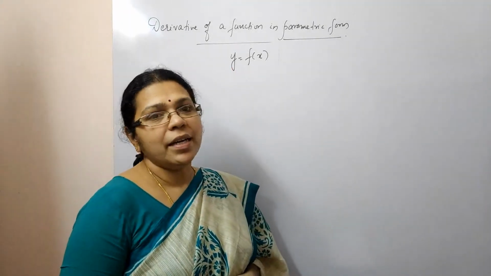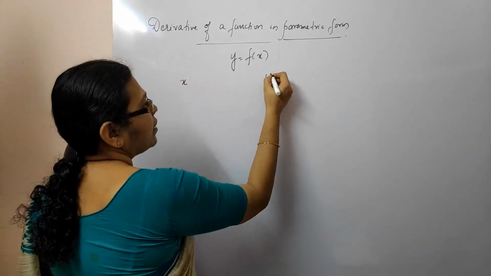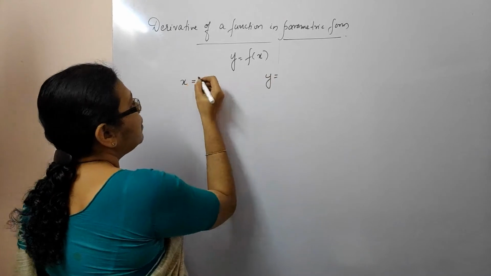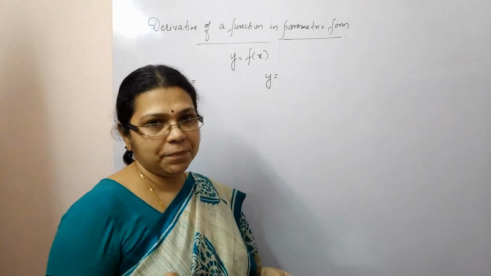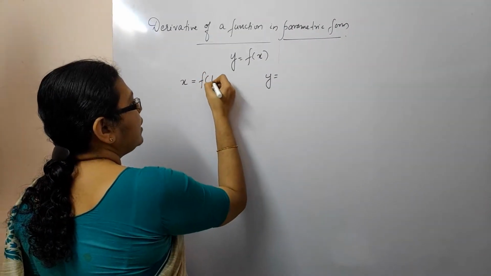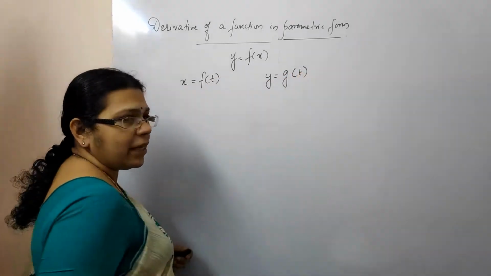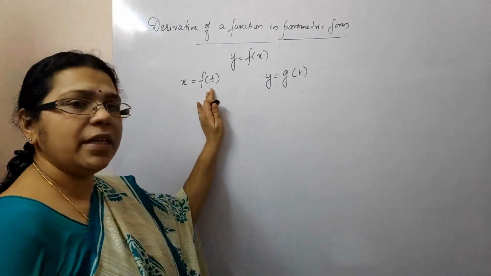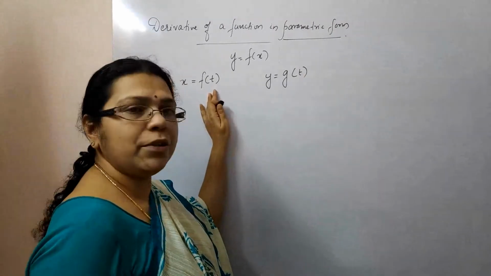Now here in parametric form, x and y are given as expressions of a parameter. So I take x as a function of t and y as a function of t. Whenever a function is given in terms of t, you can find only the derivative with respect to t, isn't it?